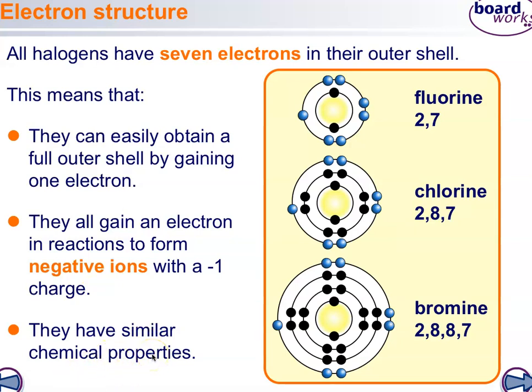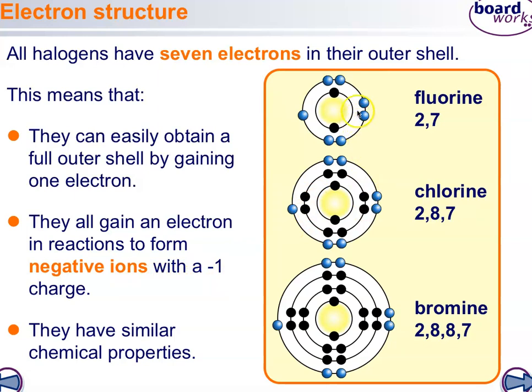So the group 7 elements have 7 electrons in the outer shell, and they can easily attract one electron to form a stable outer shell, and in doing so, they form a -1 ion.